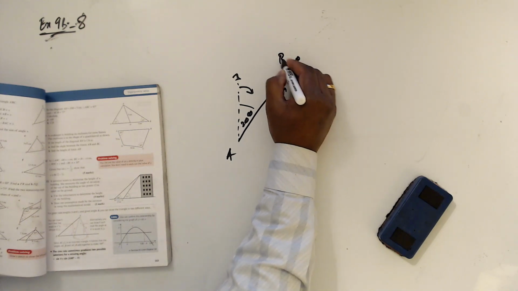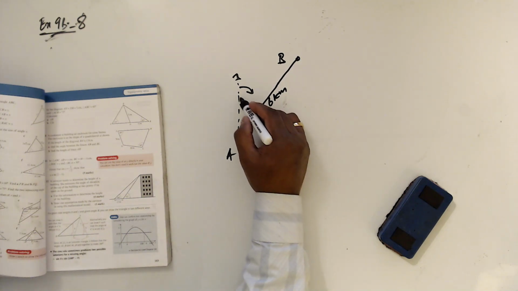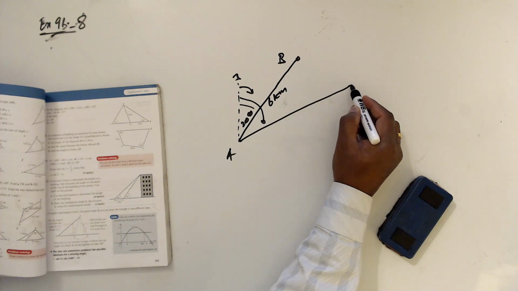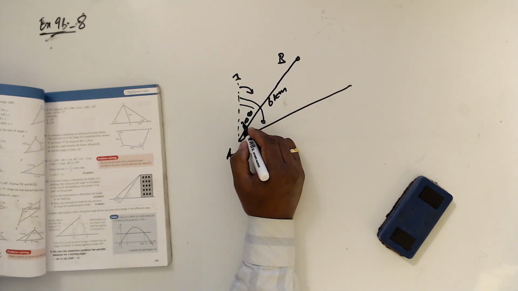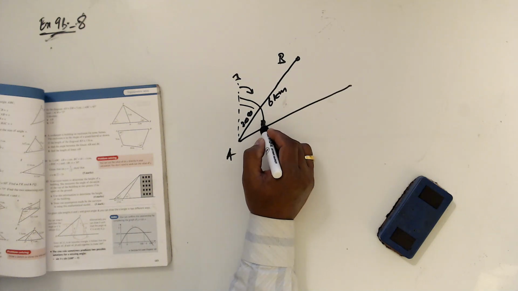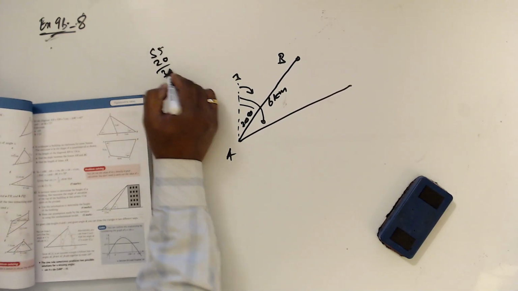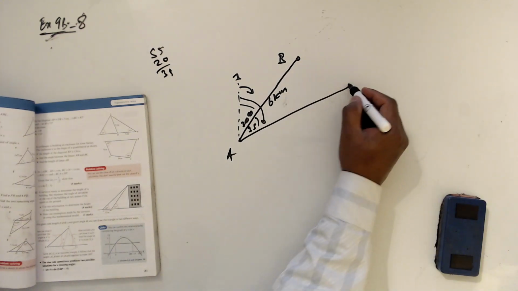So this is going to be B. And C is at bearing 55. So 55 minus 20 is 35. It means this is 35. Right, this is C.